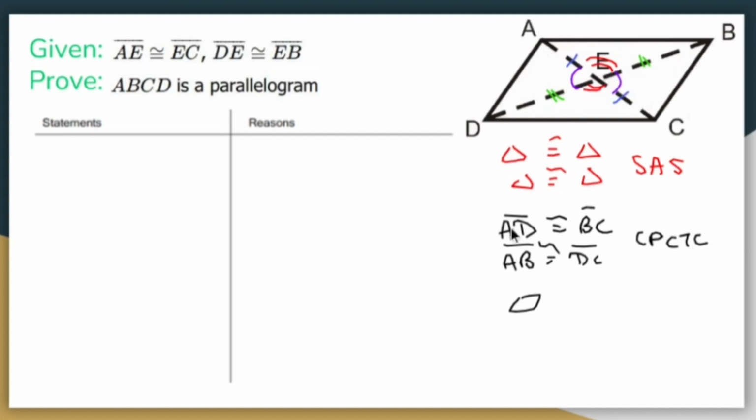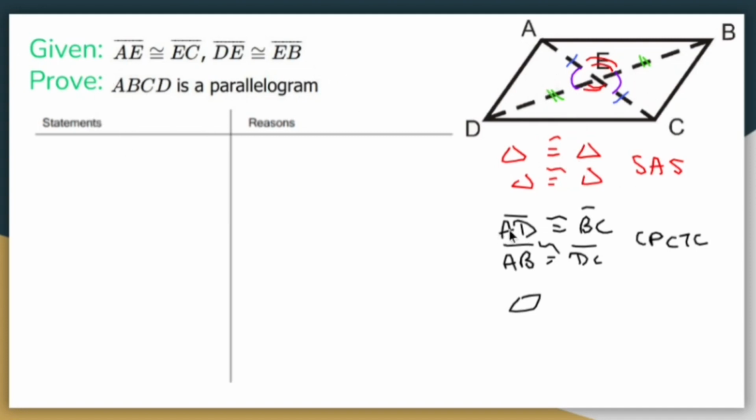And since they're the same, step number 5 or whatever, I could say that AD and BC are the same, and I could say that AB and DC are the same, by corresponding parts of congruent triangles are congruent. Now that I have information saying that opposing sides are congruent, that is using the opposite sides theorem converse to prove that this is a parallelogram. All right, hopefully I explained that well enough.